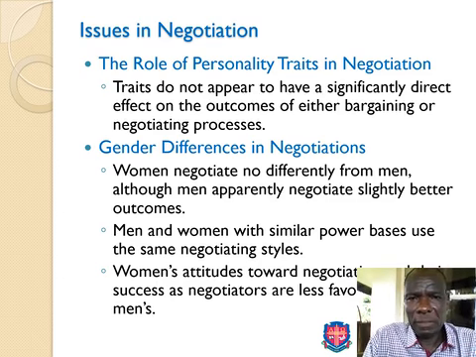So in the issues of negotiation, we have various factors, one of which is the role of personality traits in negotiation. Traits do not appear to have a significant direct effect on the outcome of either bargaining or negotiating process.